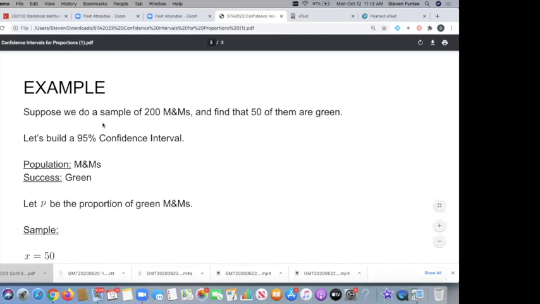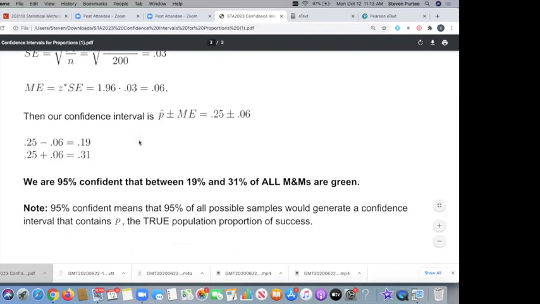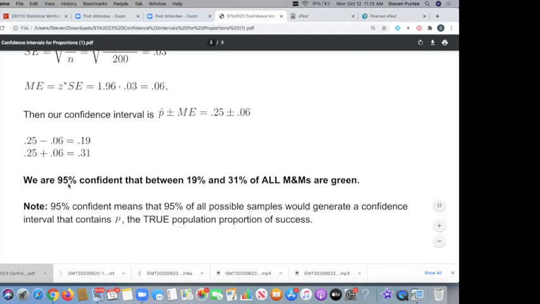If you put the word of after 95%, you are not interpreting this interval correctly. That's how confident we are. We are 95% confident that we got the right answer. And what is the right answer? That between 19 and 31% of all M&Ms are green.